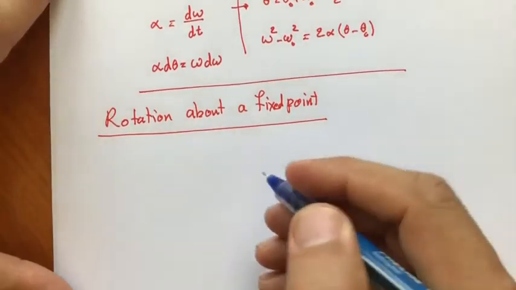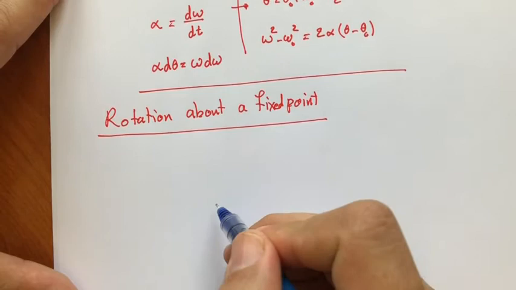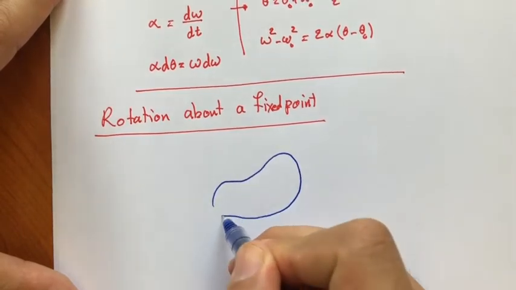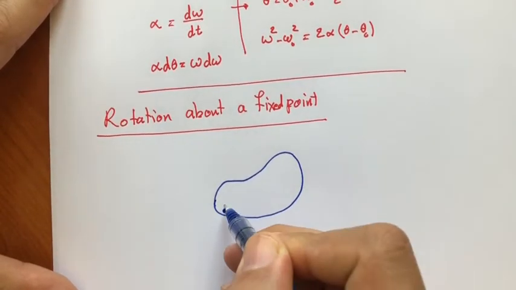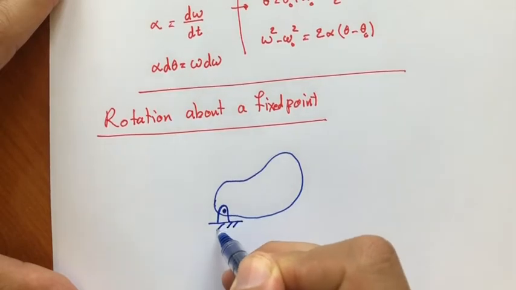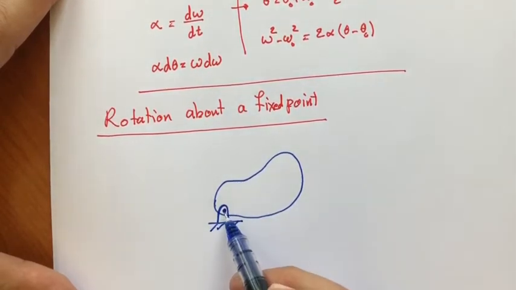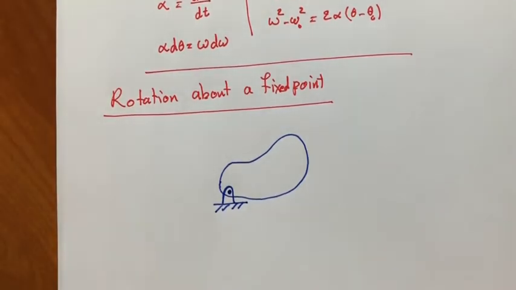What's the meaning of that? Let's say our rigid body is pinned to the ground. So this rigid body is rotating about this point because it is pinned to the ground at that point, right?